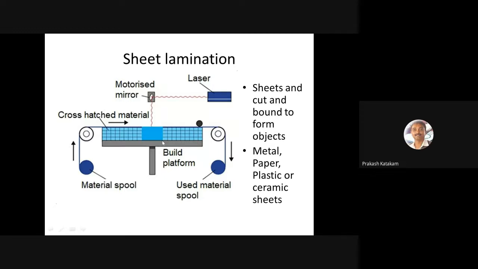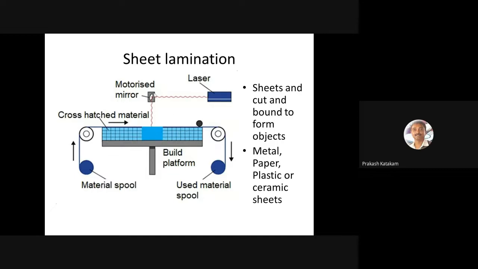The build platform will come down slowly. Then the material will be deposited in the form of a sheet that is cut into a specific shape. This is the most critical point. Then the material will be bound to the lower material using certain binding material. In this case, they use a laser again to bind the material. If it is paper, they use glue.